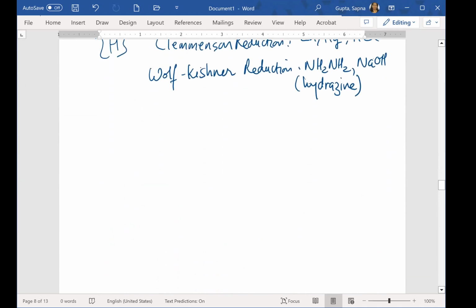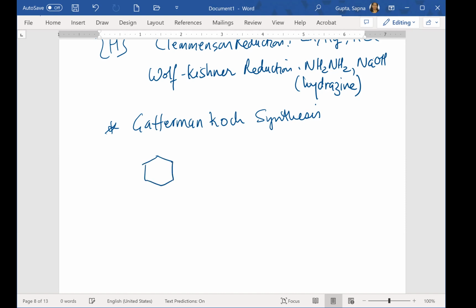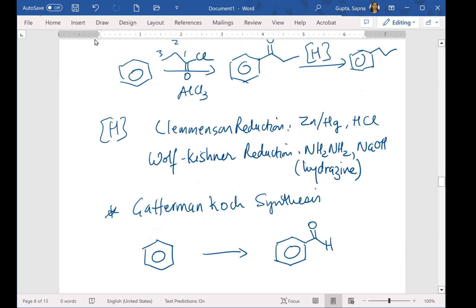Okay, one more synthesis. And this is called the Gattermann-Koch synthesis. So let me write the reactants and products first. So you can see the resemblance of what I'm trying to do here.